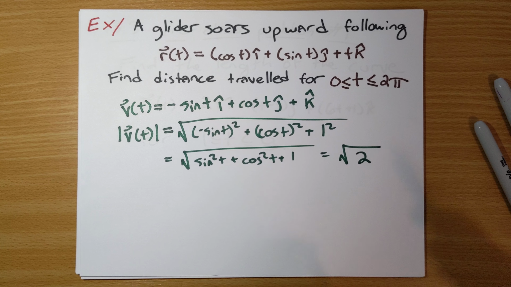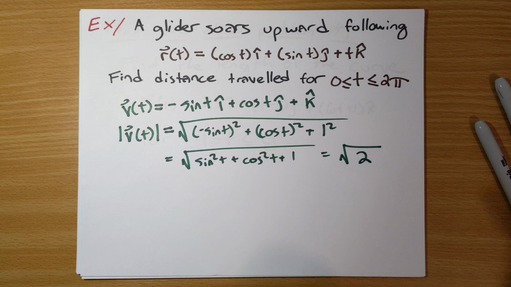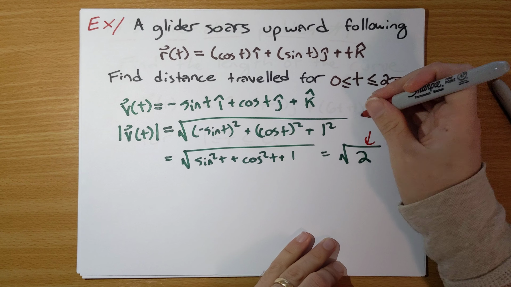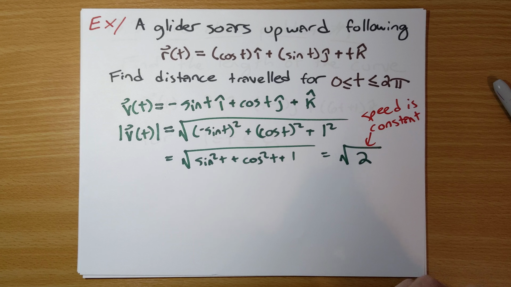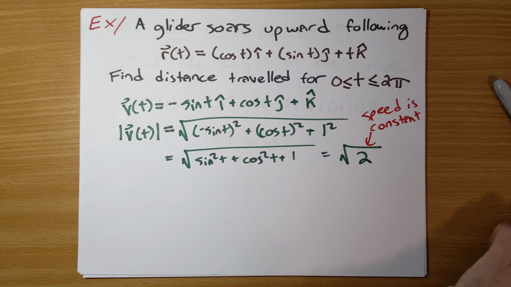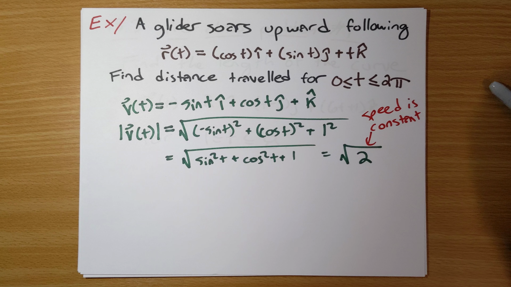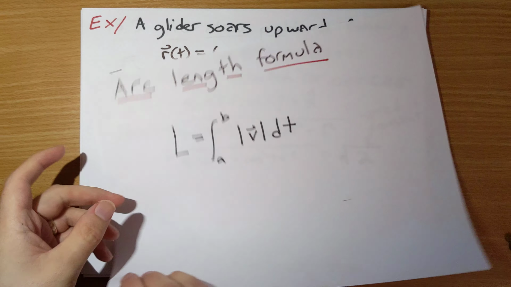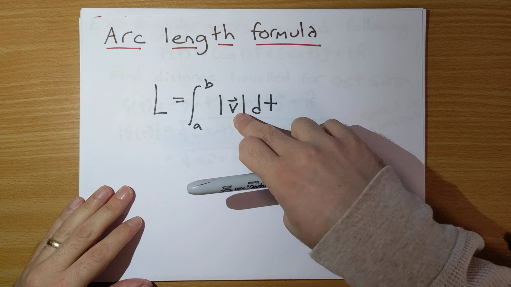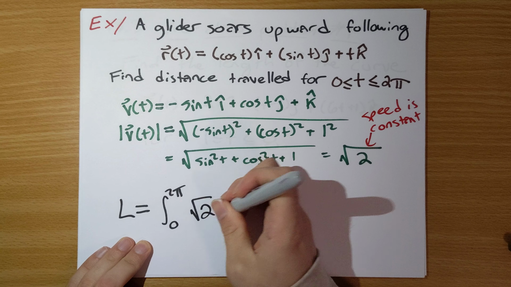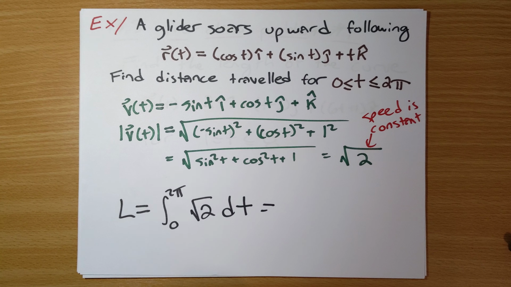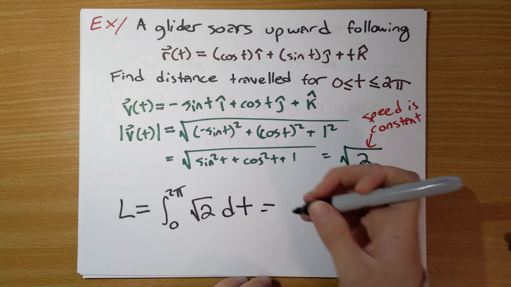So as it turns out, the speed is constant, square root 2. And so this allows us to very easily apply the arc length formula from 0 to 2 pi, and that's a very easy integration, giving square root 2 times 2 pi.